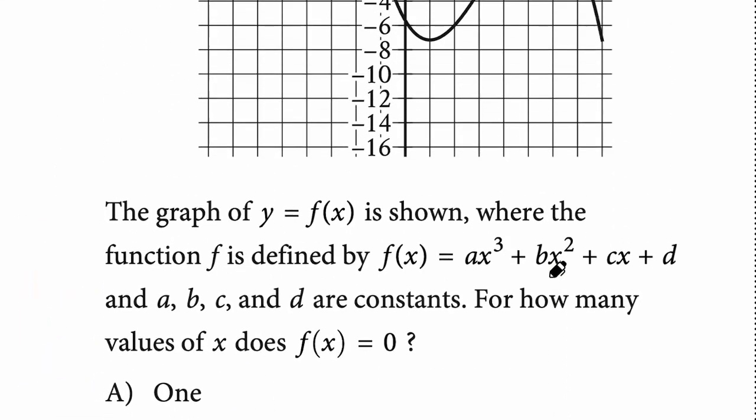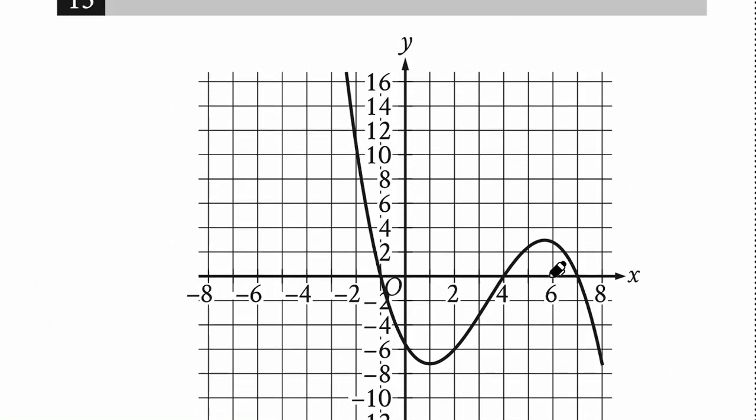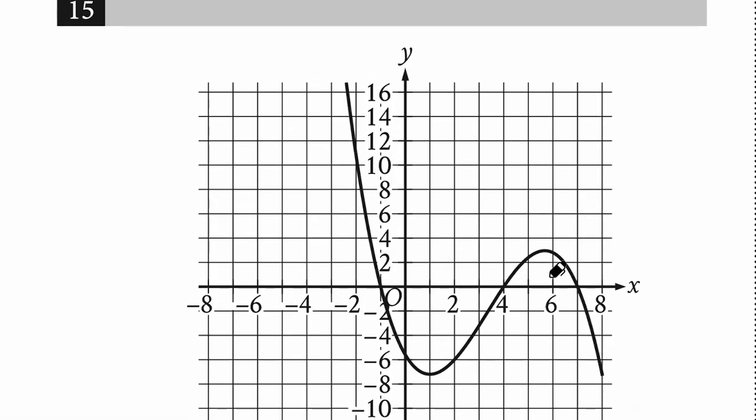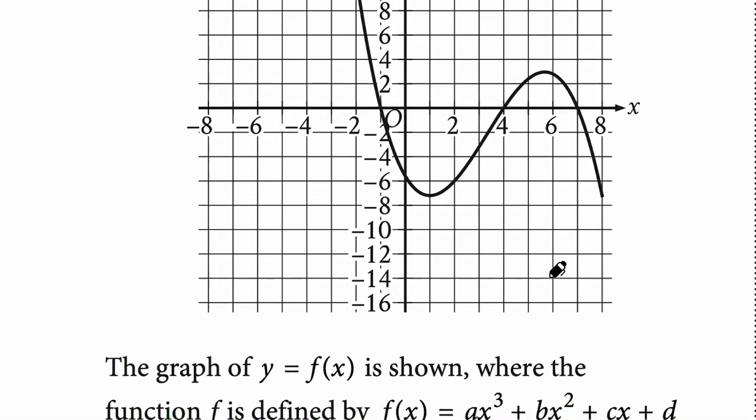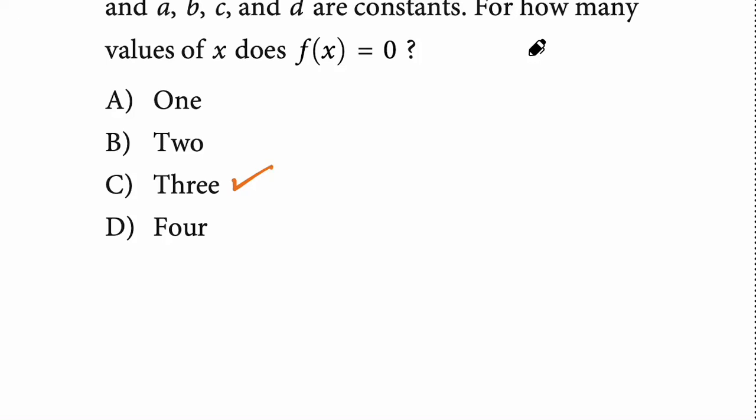Now I am going to question number 15 one more time just to check the concepts. We will explore cubic equations a little bit more. Let's say I have a cubic equation ax³ + bx² + cx + d.